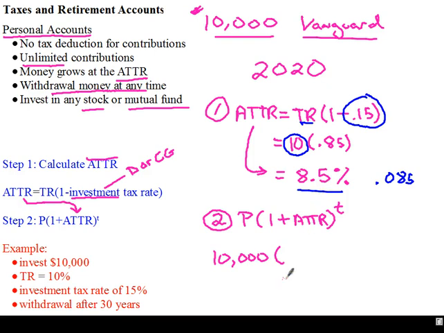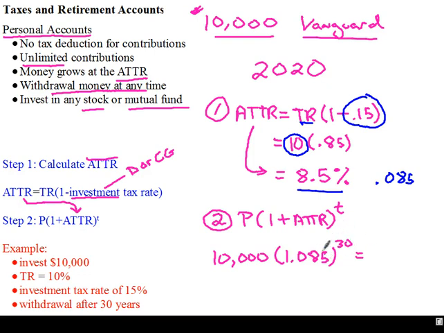Now I do have to turn that into a decimal, so it's going to be 1.085 raised to the number of years, which is 30 years that I'm putting this money in there. So that $10,000 that I invested in the S&P 500, I get 8.5% return on that per year, so I multiply that by 1.085.